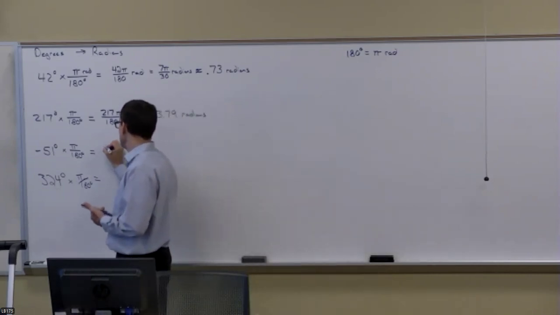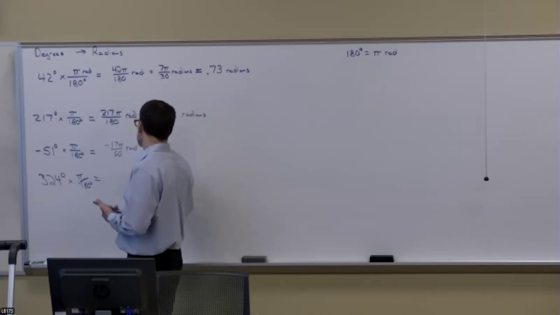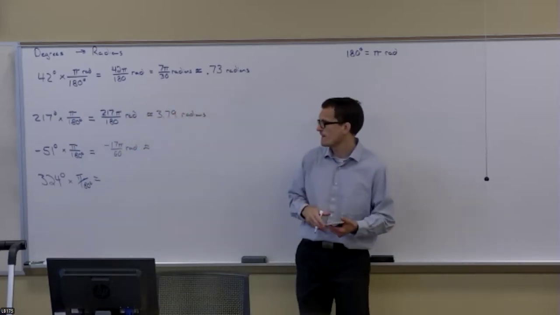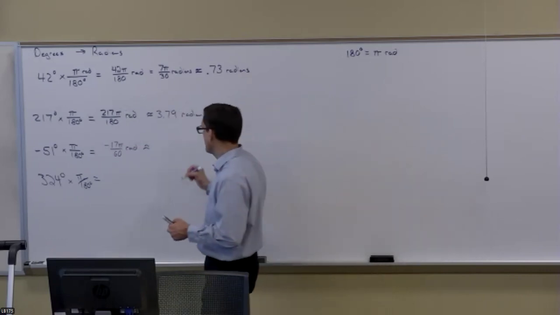This one would give me negative 17 pi over 60 radians when I simplify that, which is about negative 0.89.